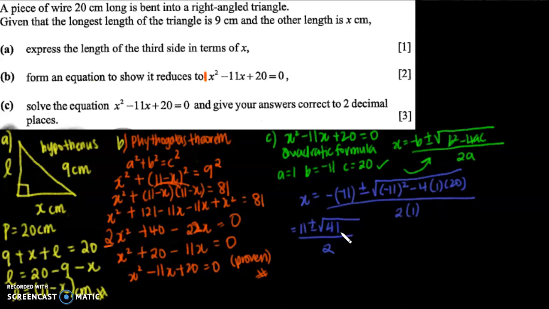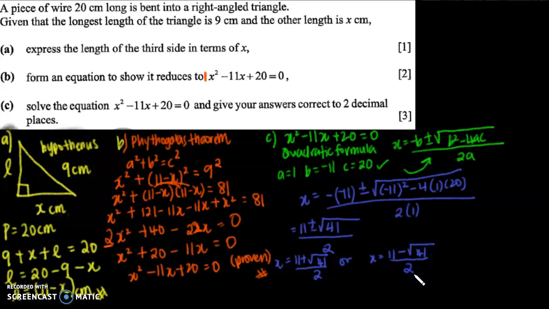We're almost there. Now we separate into two parts: x equals 11 plus the square root of 41, over 2, or x equals 11 minus the square root of 41, over 2.